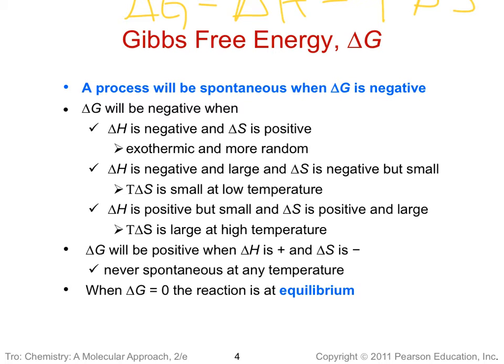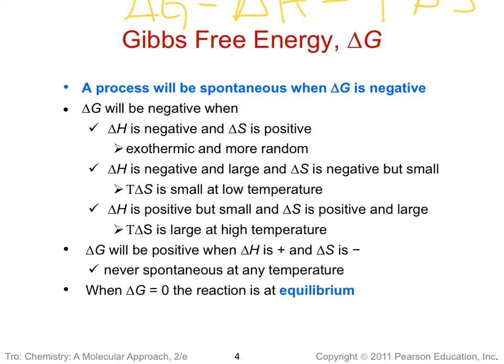When delta H is negative and large, it overcomes any contribution of delta S that might be negative, then delta G will also be negative. And then the opposite, when delta H is positive, but delta S is so large and positive that it can overcome it and create a negative delta G.